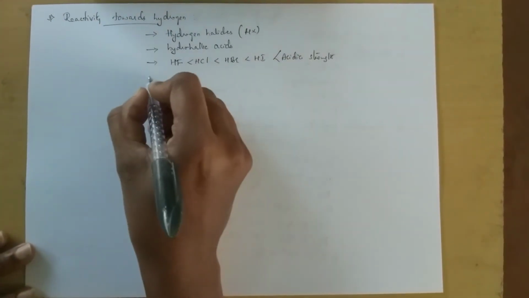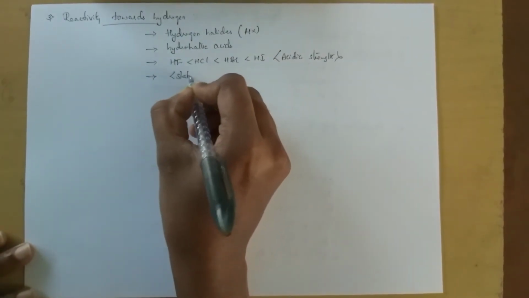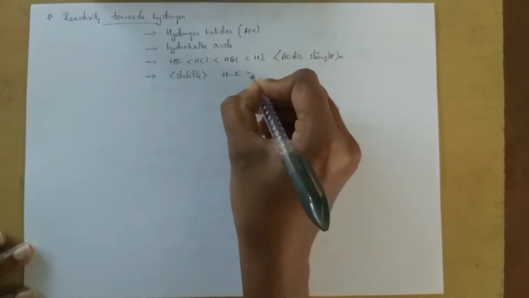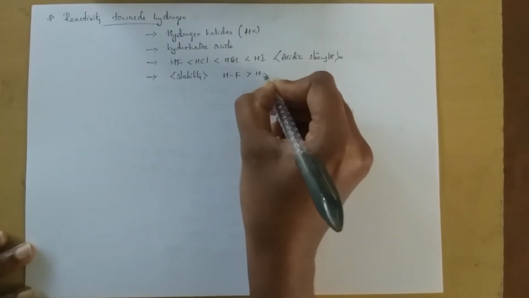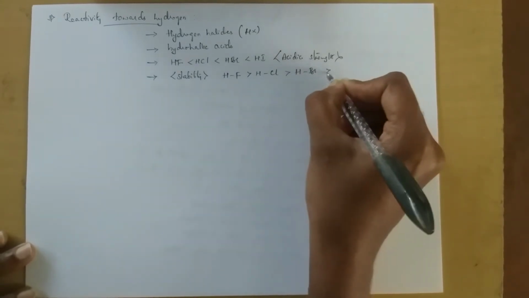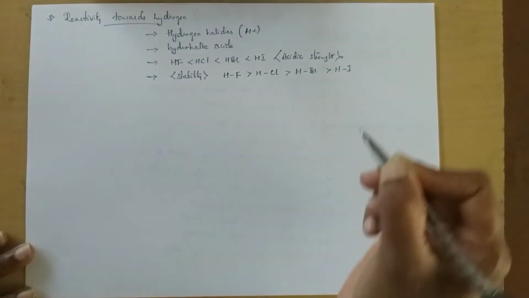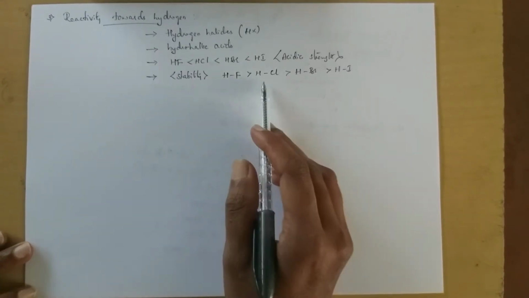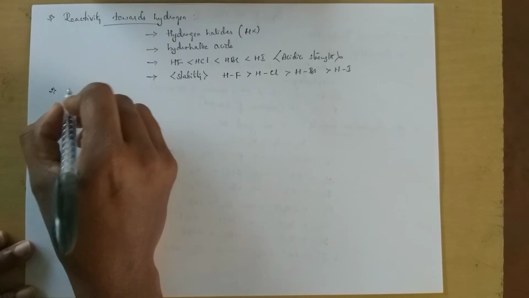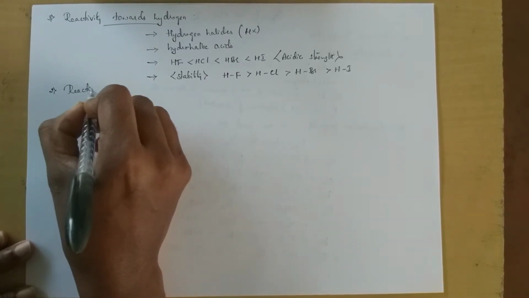Then the order of stability. So the stability order is HF greater than HCl, further greater than HBr, which is further greater than HI. So the stability order is like this. Then reactivity towards oxygen.